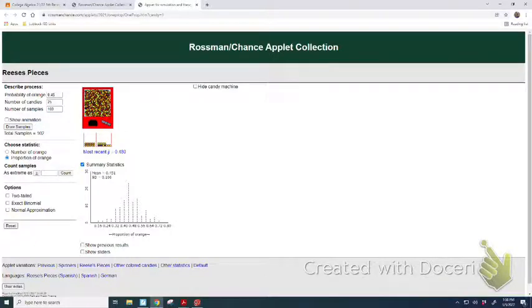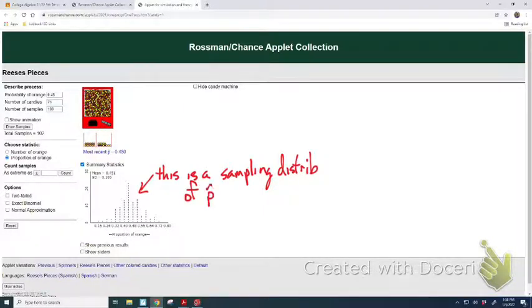So that is crucial. If you're struggling with those definitions that I typed in the notes, this is a sampling distribution of p hat. Each dot, this concept right here, hopefully explains it, represents a p hat.